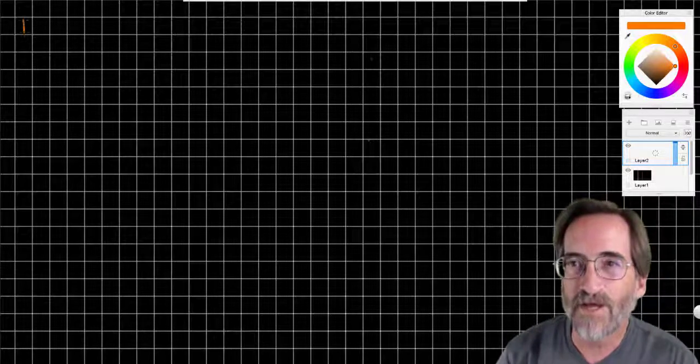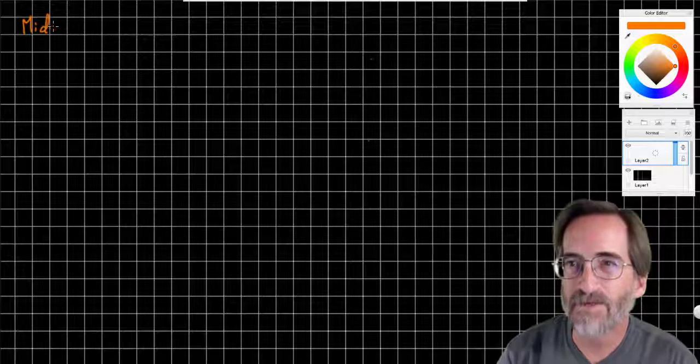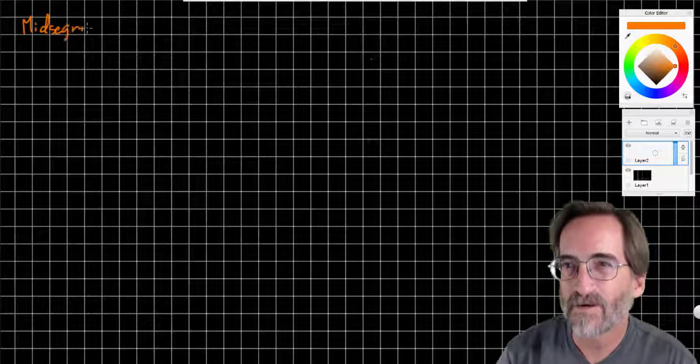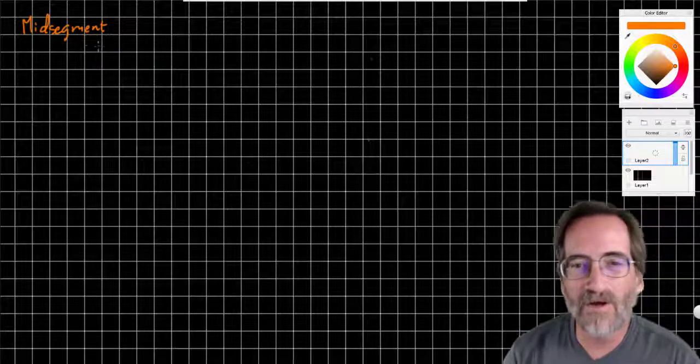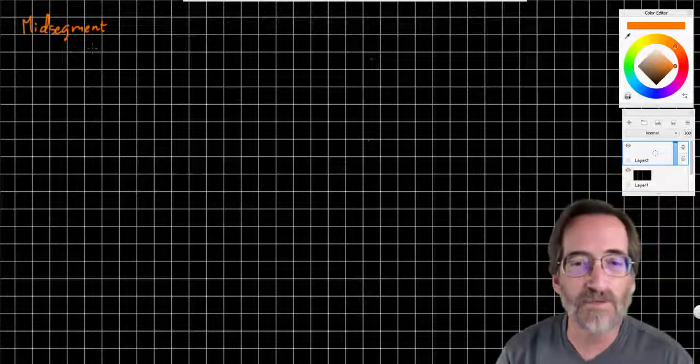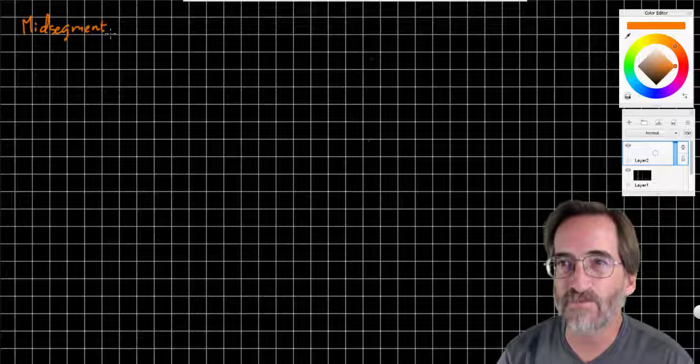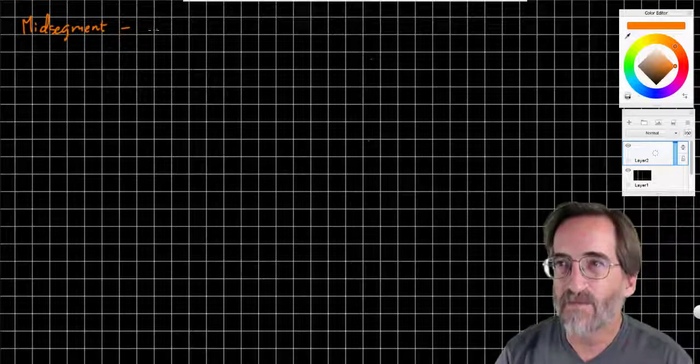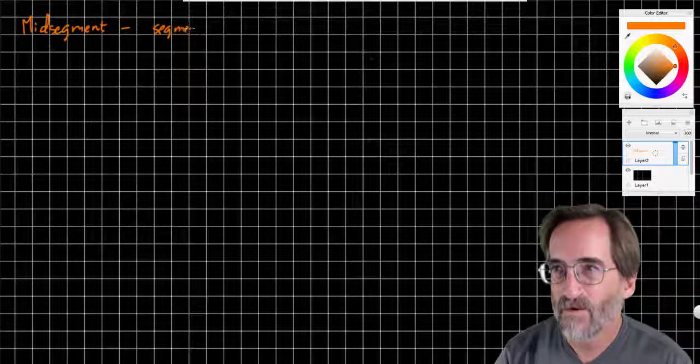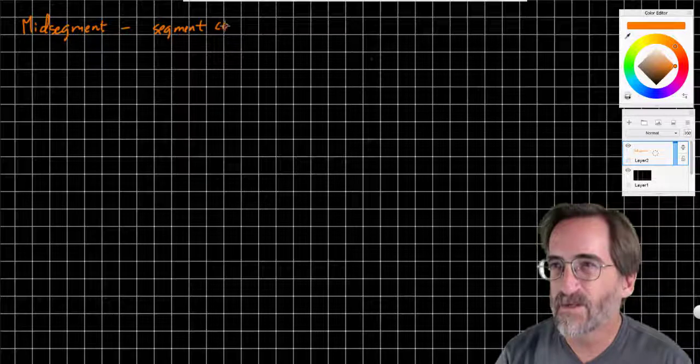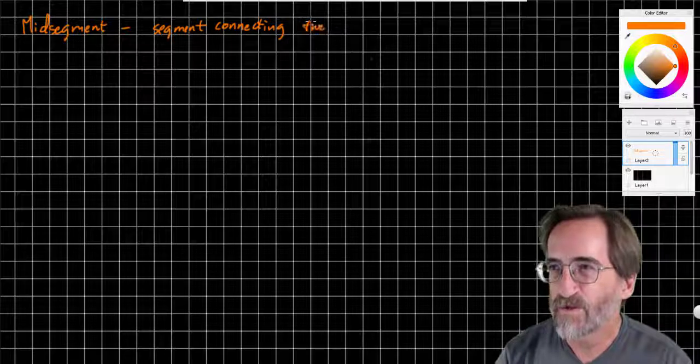First word is mid-segment of a triangle. I'm going to leave out "of a triangle." It's kind of assumed this is a unit about triangles, but mid-segment, particularly of a triangle. A mid-segment is a segment connecting two midpoints.